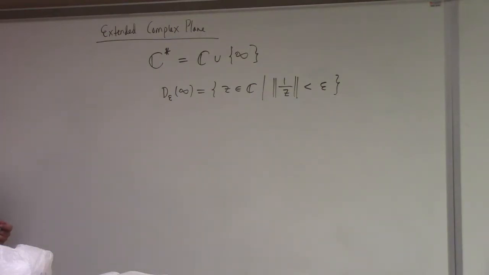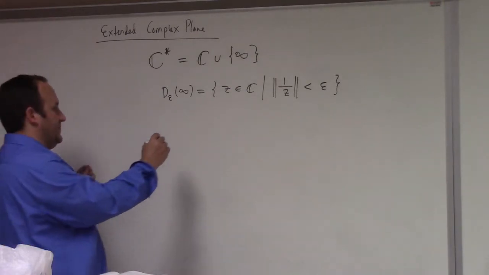Something like that. I should talk more about this in a homework or something. But the bottom line is you can throw in infinity and you can talk about limits at infinity as well.